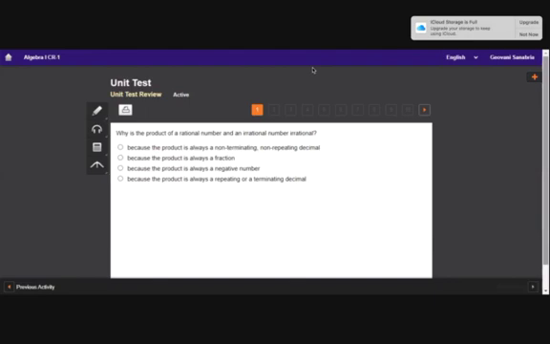Because the product is always a fraction? No, if it was a fraction, then the answer would be rational. It can't be that the product is always a negative number, because negative numbers could be rational. And it's not that the product is always a repeating or terminating decimal, because that means rational too. So it's the first one. That's the only definition of irrational. All the other ones mean rational.